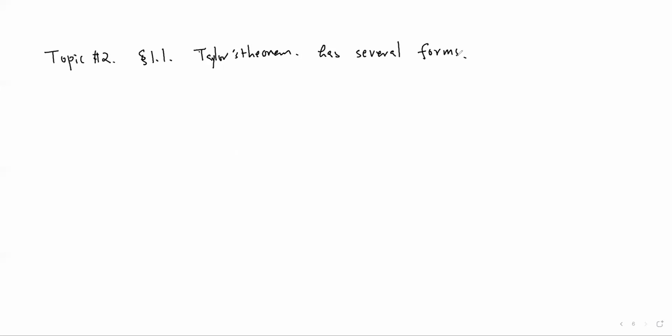Let me introduce one notation first. I like this notation. C here means continuous.